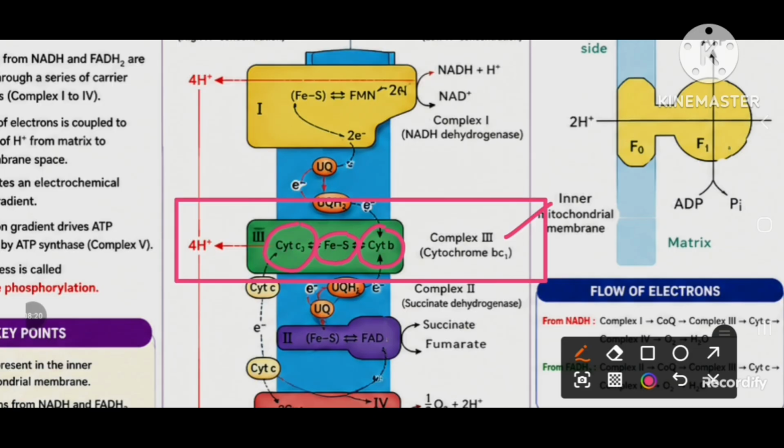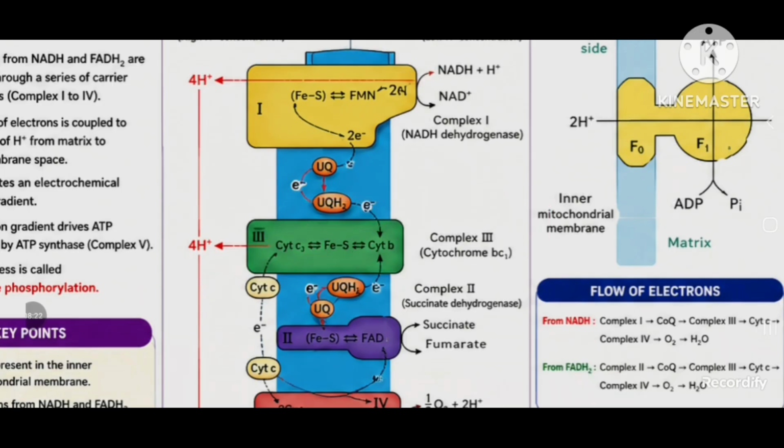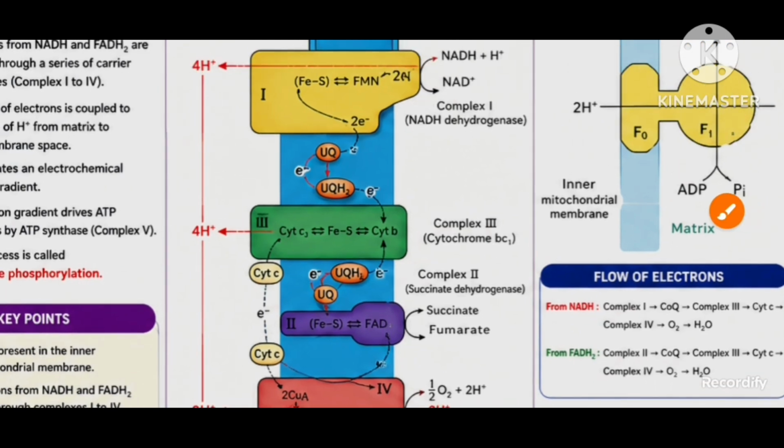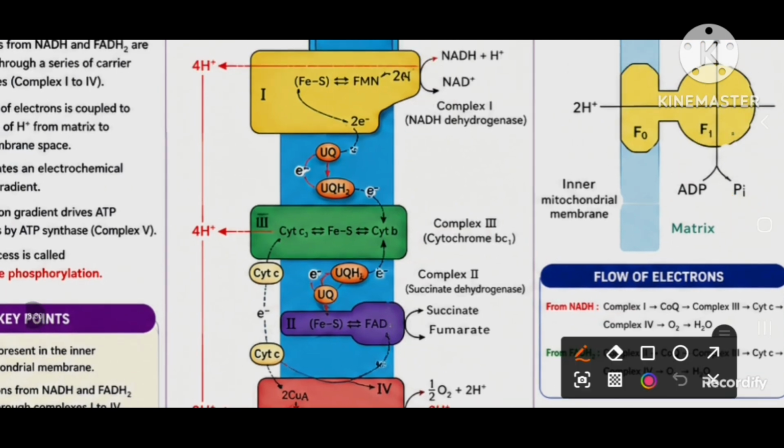These are the electron carriers that will mainly carry the electrons. The electrons are carried from complex number 1 to complex number 3 with the help of a carrier known as UQ. UQ means ubiquinone.